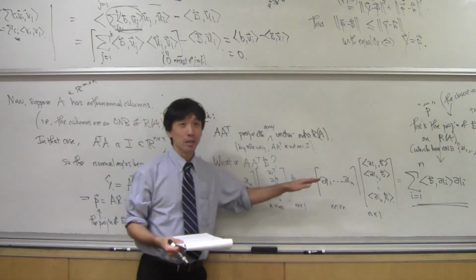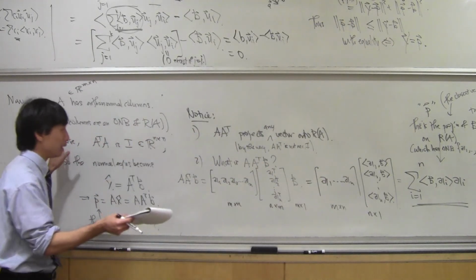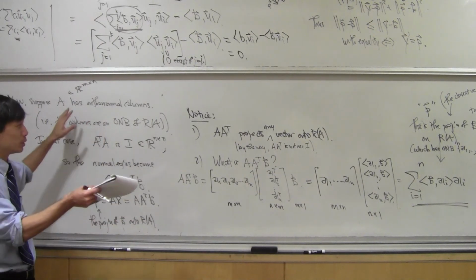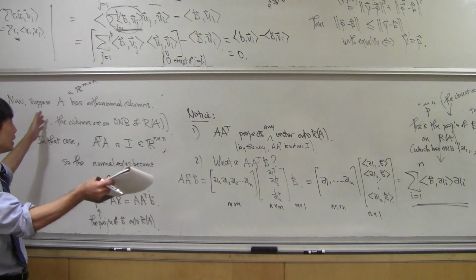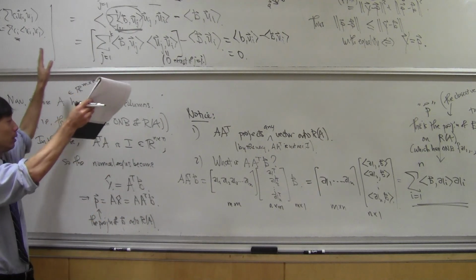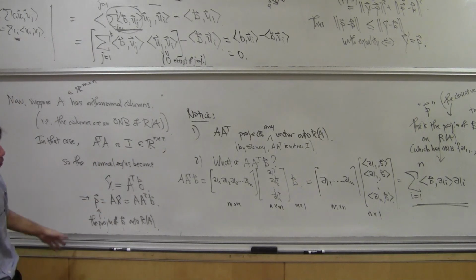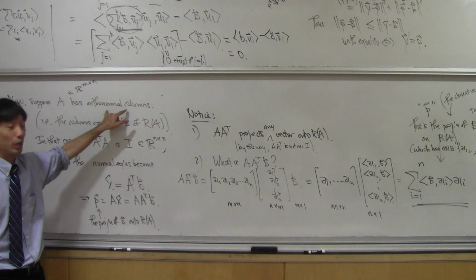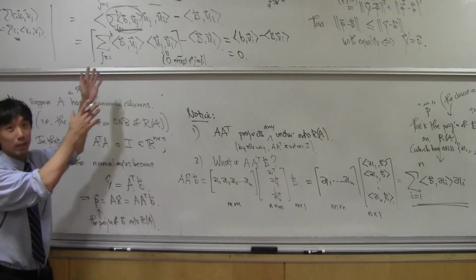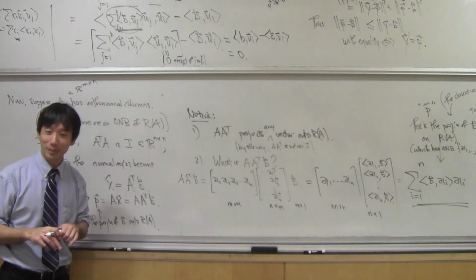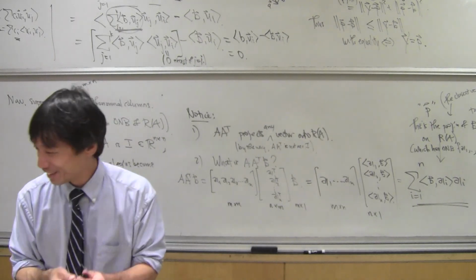So this just goes to show you that it all is in accord. It all works out as it should. In some sense, we didn't need to do this again, because we knew it theoretically. But you see that if your matrix has orthonormal columns, you indeed get what you're supposed to get. Okay, that's it.